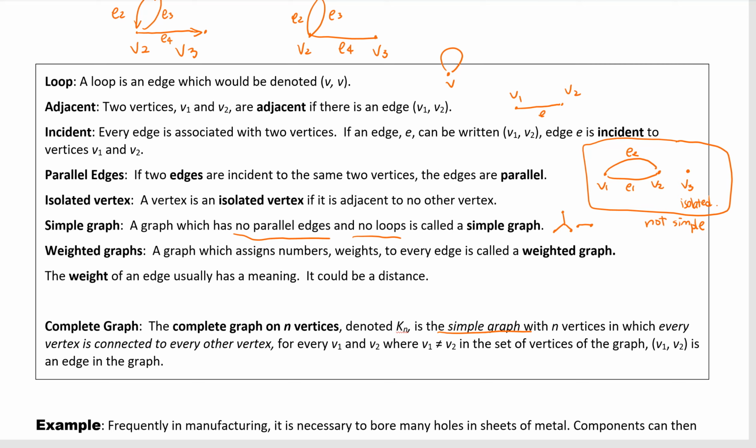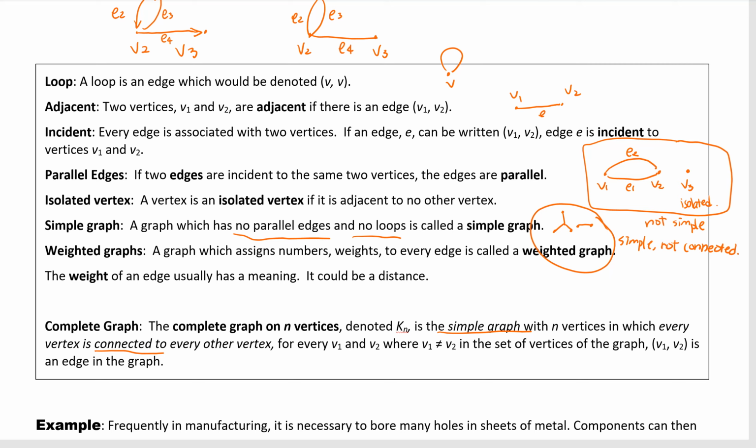So keep in mind it's a simple graph and is connected. Like what we had here, this is not connected, so this is simple, but not connected.